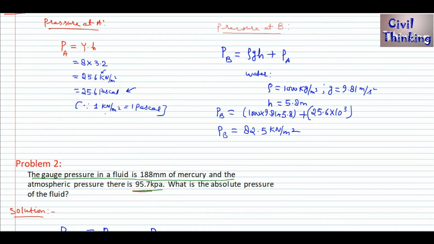Sorry, I wrote here 1 kilopascal, but there is some mistake. Let me erase this. It is 1 Newton per meter square is 1 pascal. So therefore it is 120.78 kilopascal, kPa.